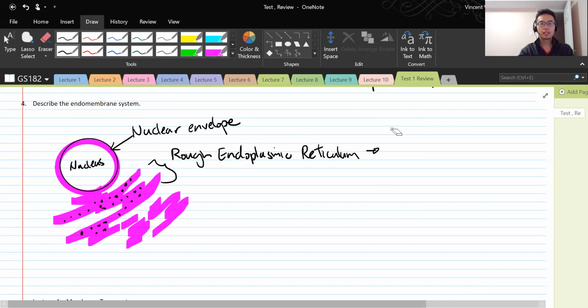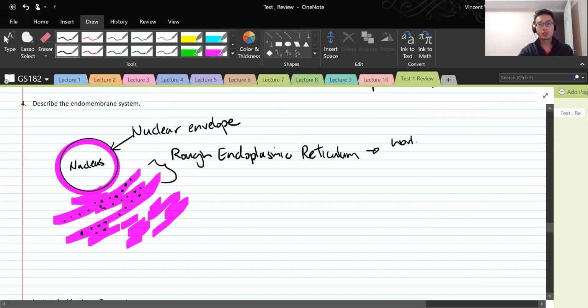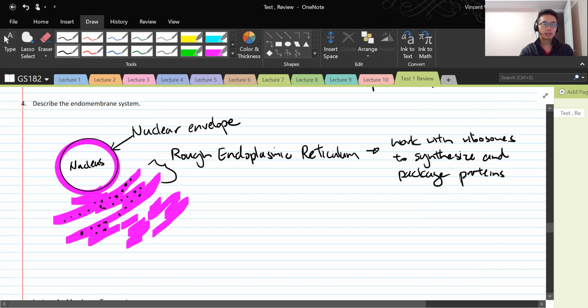Okay. They work with ribosomes to synthesize and package proteins. Okay. So from the endoplasmic reticulum, you're going to have a bunch of vesicles coming out. Okay.